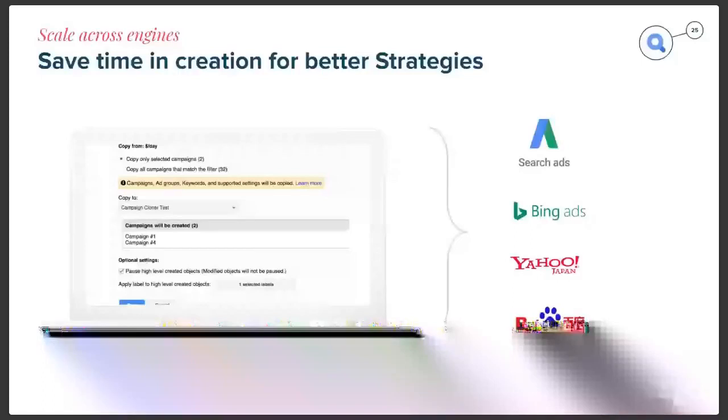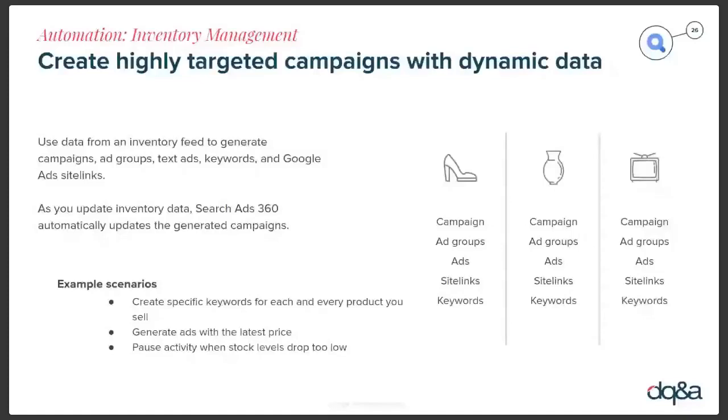But also when it comes to campaign creation, keyword creation, ad creation, you can use inventory management. So even if you are a non-retailer, this of course works for retail businesses as well. You have a feed with all your products in it. You basically enable an inventory plan towards it and then just push it out into SA360.